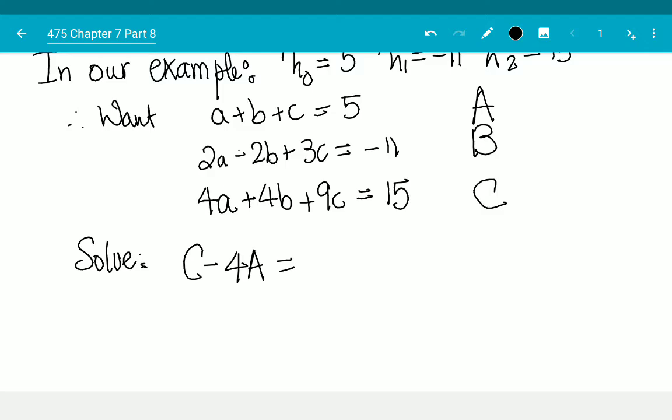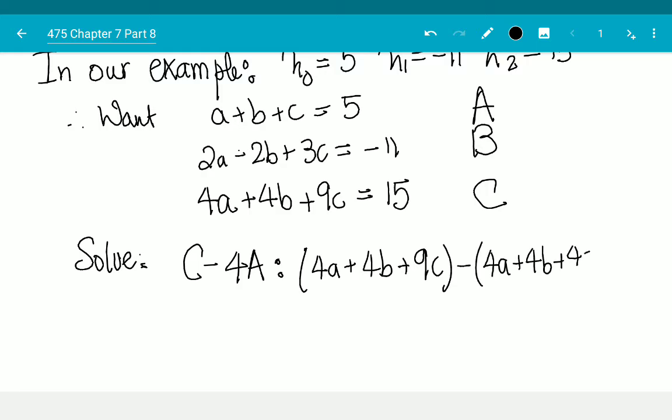So 9c minus 4A plus 4B plus 4C is equal to 15 minus 20.